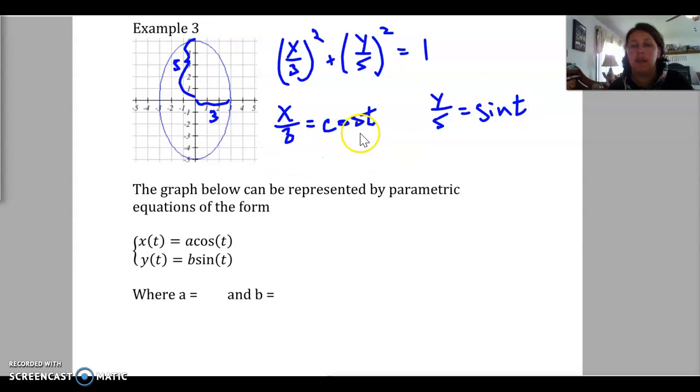So we would have x equals 3 cosine t and y equals 5 sine t. So when we're going from an ellipse right into the formula for an ellipse, a is going to equal the radius in the x direction, which in this case is 3, so a equals 3, and b is going to equal the radius in the y direction, which in this case is 5.